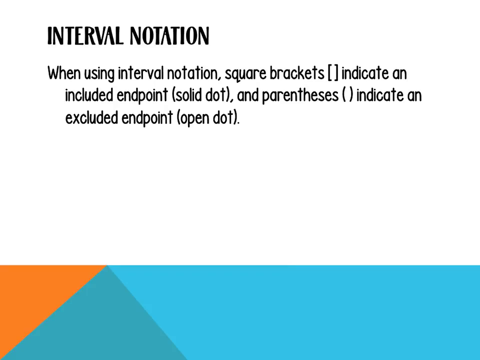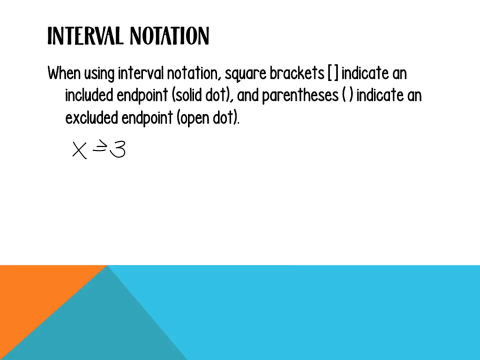All right, so interval notation can come from an inequality. So let's say I said that the values of x are greater than or equal to 3. This is saying start at 3, include 3, and then all the values after 3 or bigger than 3. So when you write interval notation, you're actually showing the range of numbers that is a solution to this. So you start with the smallest number.